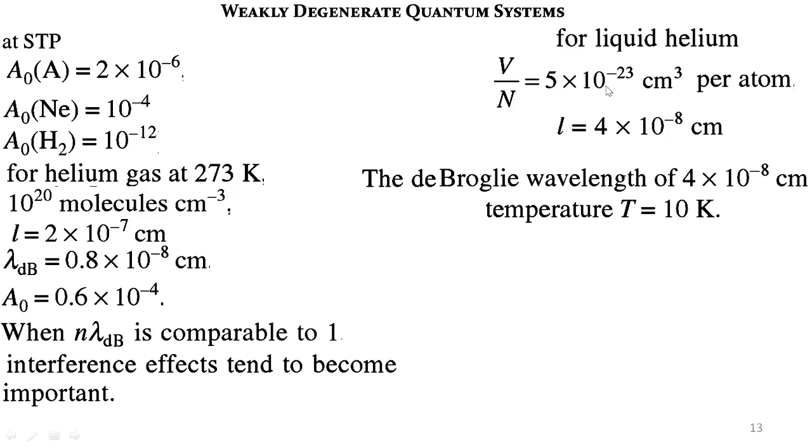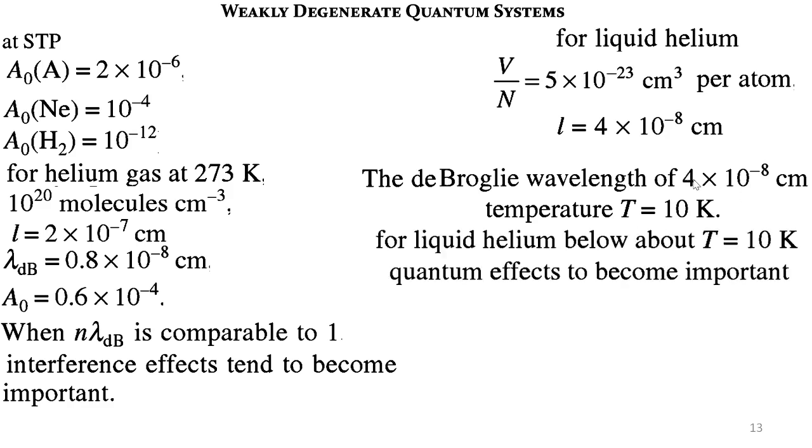This refers to liquid helium. Liquid helium around 10 Kelvin or below would manifest quantum effects, because in that case the interparticle separation and the de Broglie wavelength of the particles become comparable.